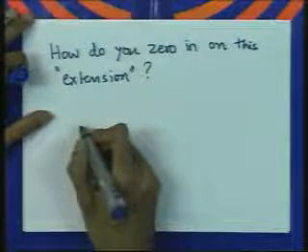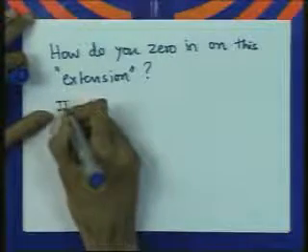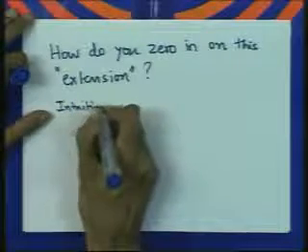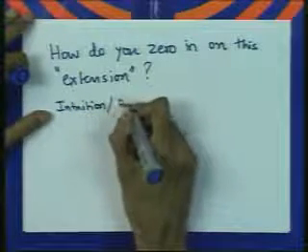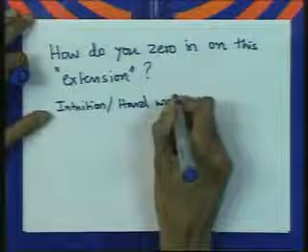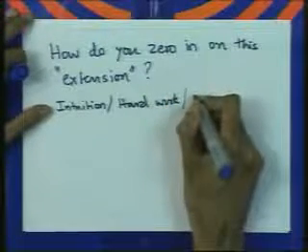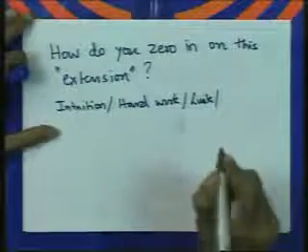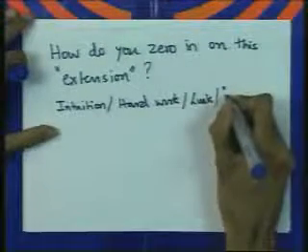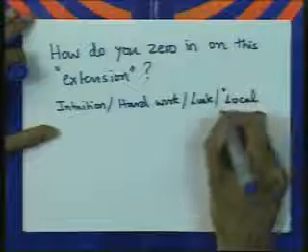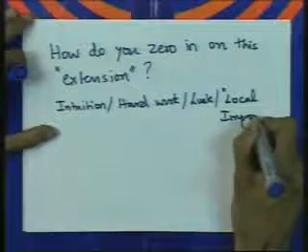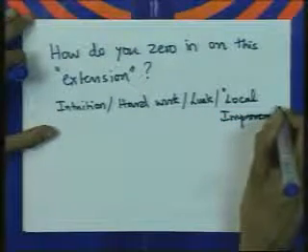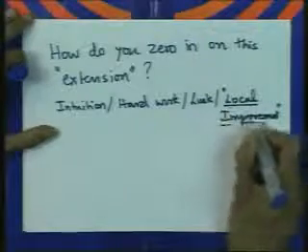Well, for this course it's intuition, perhaps hard work, some amount of luck, and I'll just say local improvement. Don't worry too much about what this means; I'll explain as we go along.